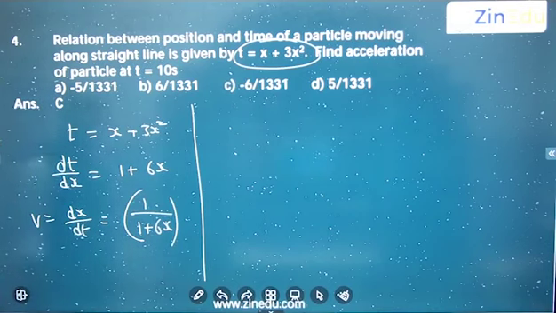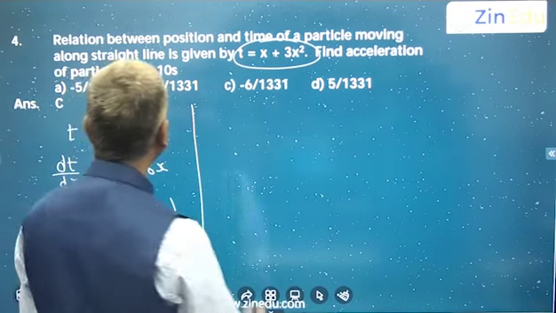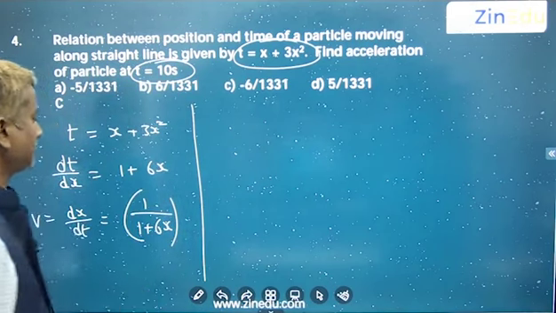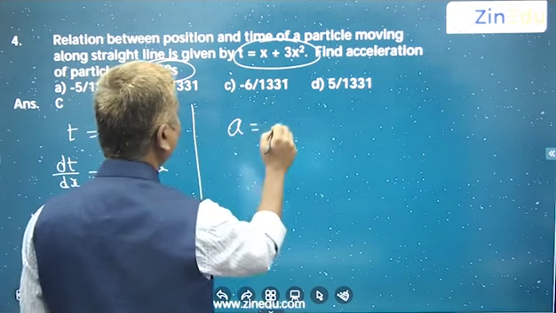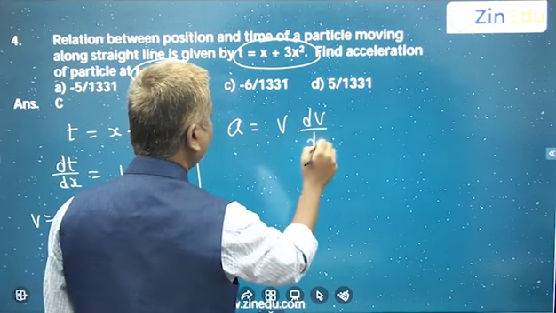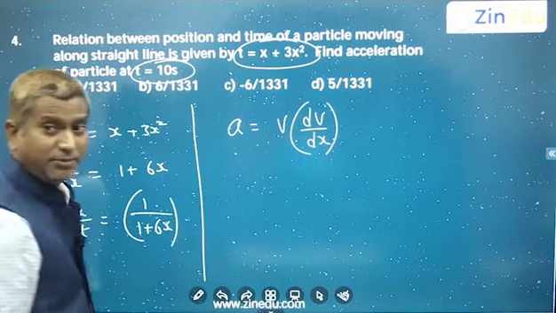Now they are asking for the acceleration at a certain time, but here you have velocity as a function of displacement. You know that acceleration is given by v times dv by dx.